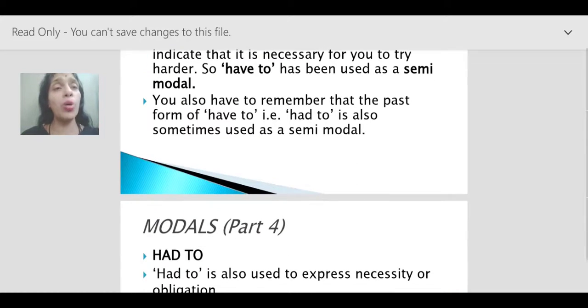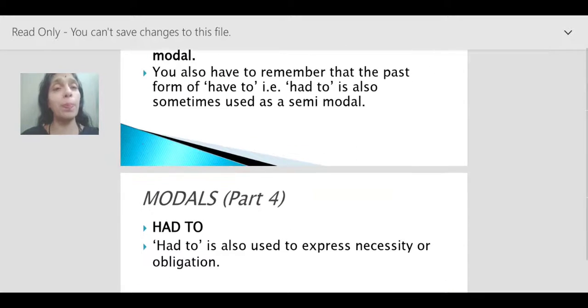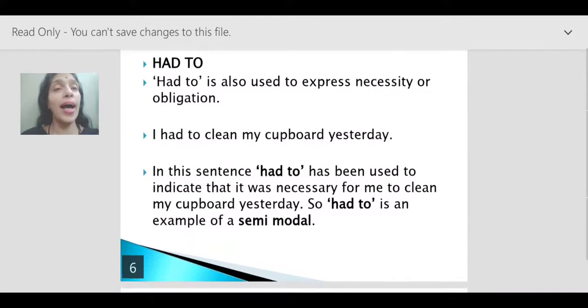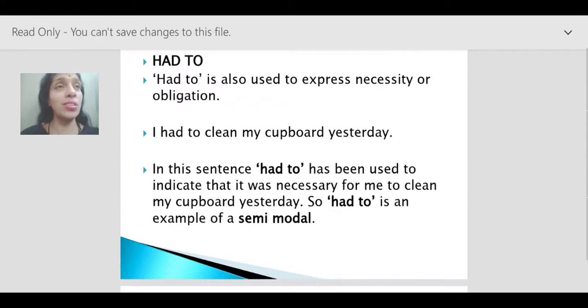You also have to remember that the past form of have to, that is had to, is also sometimes used as a semi-modal. Had to, shall we see children? Had to is also used to express necessity or obligation.